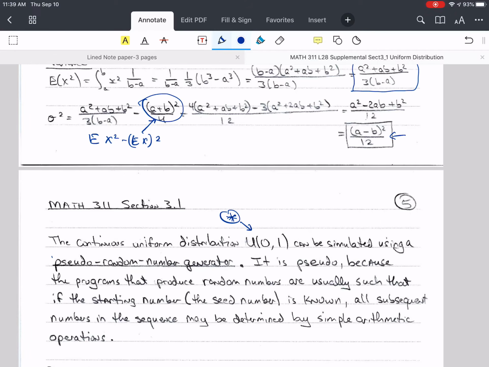Usually we don't say the word pseudo, but all random number generators are pseudo because the programs that produce these so-called random numbers have what we call a seed number or starting number. And so if you know that, then you can get all of the subsequent numbers that are generated using some, they say, simple arithmetic operations. You be the judge of how simple that is.